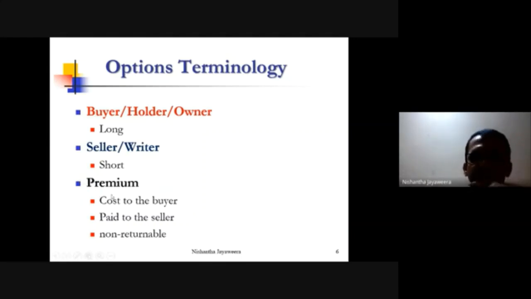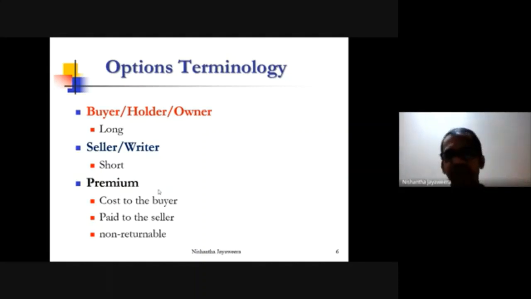Then this premium. This is the cost to the buyer. That is the price the buyer of the option is paying to the seller. Premium is the price of the option. Clear?